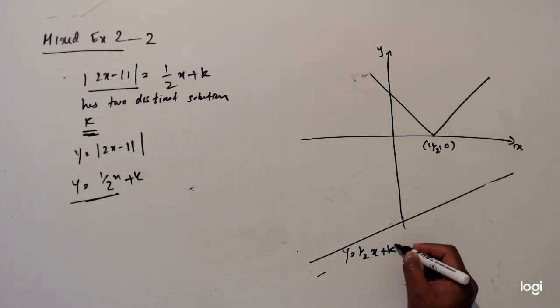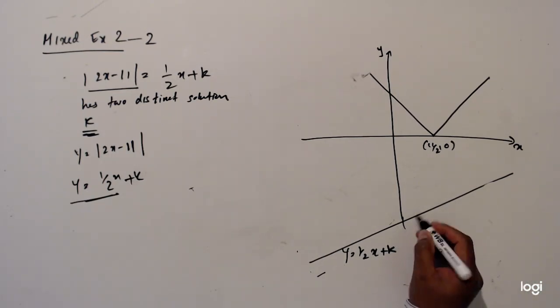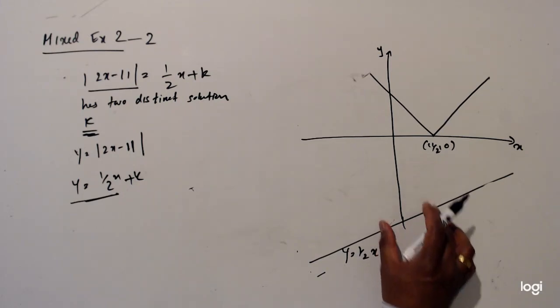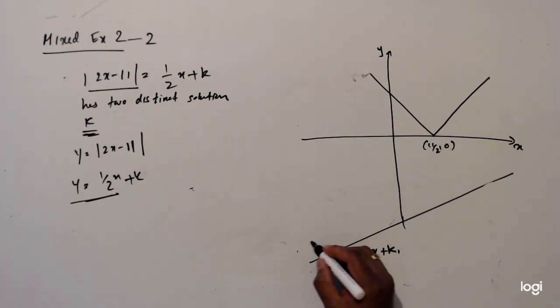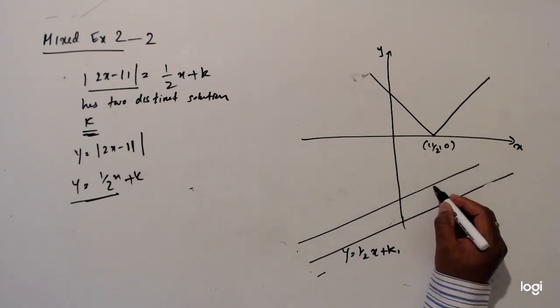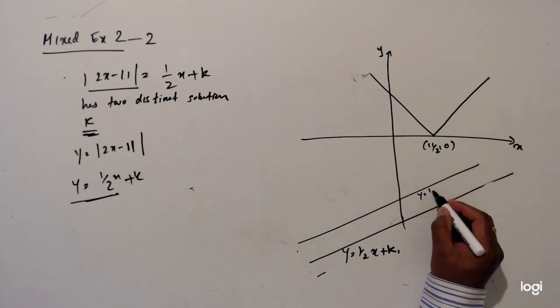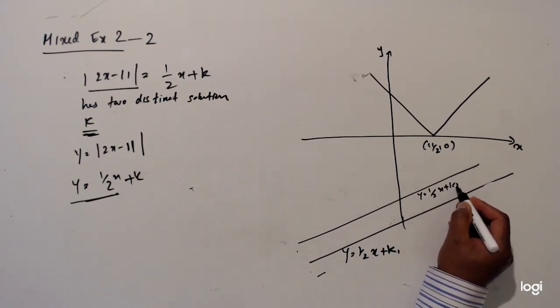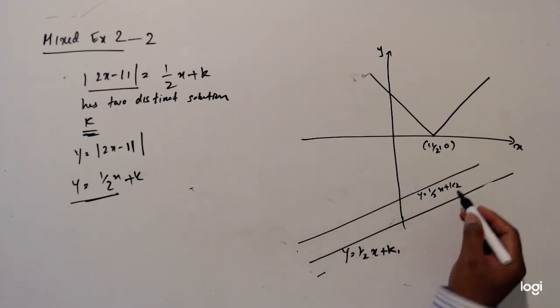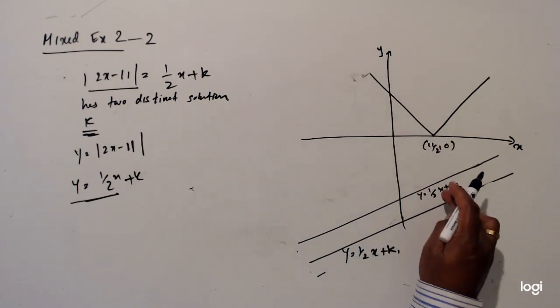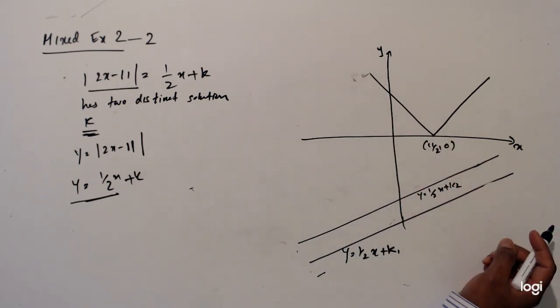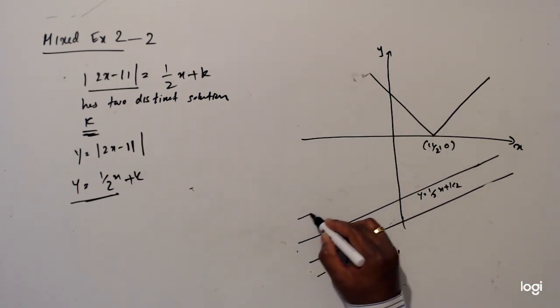When k is changing, this line is going up and down. So let's say this is k1, this is k2, y equals half x plus k2. For this equation and this line, there is no solution, there is no intersection point.